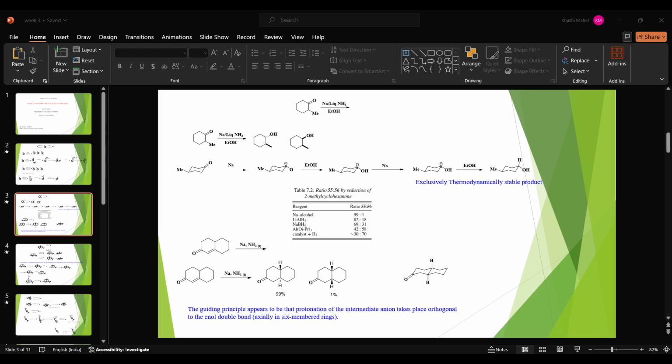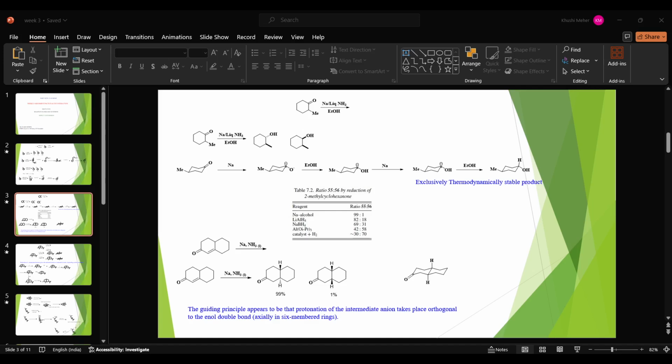That carbanion takes a proton from ethanol, and we will get our hydrogen from the axial position. That's why in almost all cases in Birch reduction we get the thermodynamically most favorable product. There are some exceptions, but in most cases, greater than 99%, we get the thermodynamically favorable product.